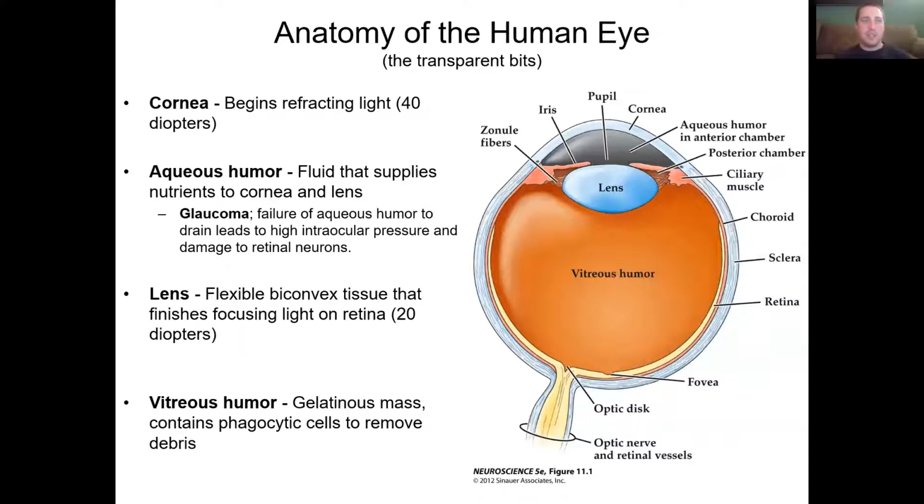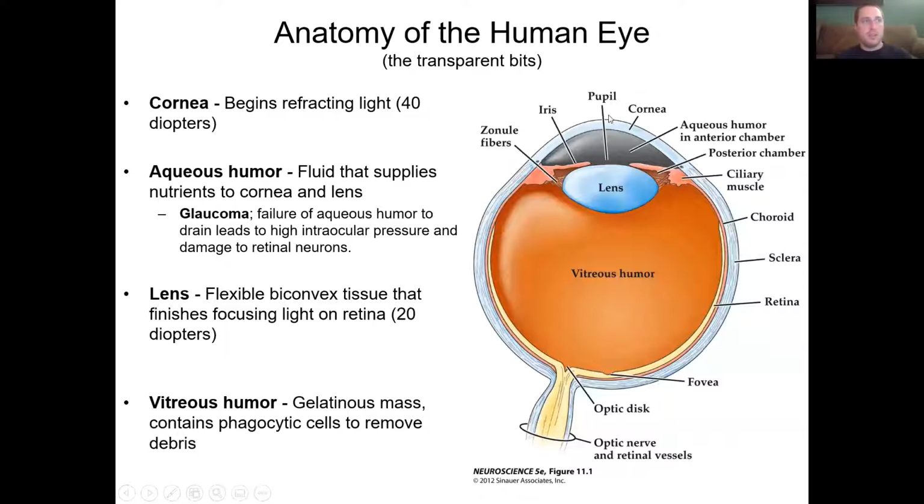The aqueous humor is continuously being replenished, and when it doesn't drain properly, pressure builds up. You get high intraocular pressure that pushes on blood vessels. It makes it so the retina doesn't get enough blood, and ultimately neurons are damaged.